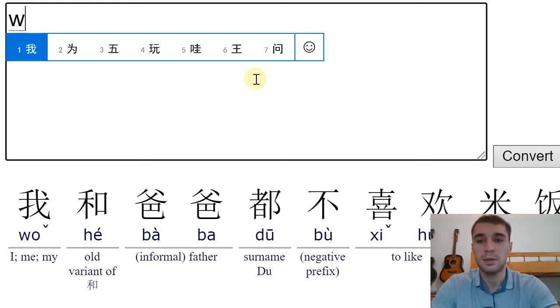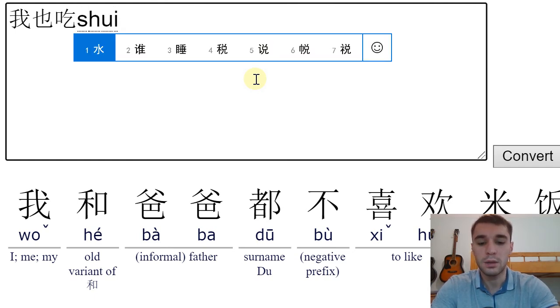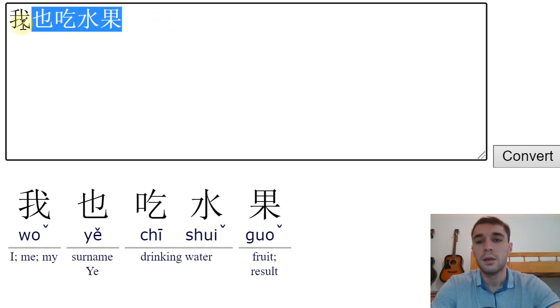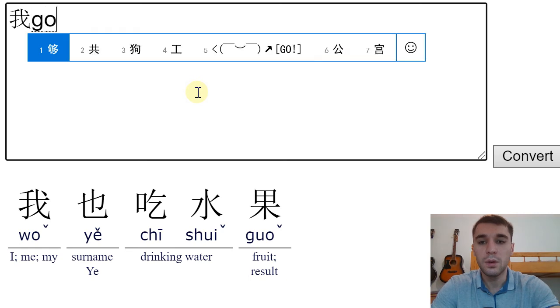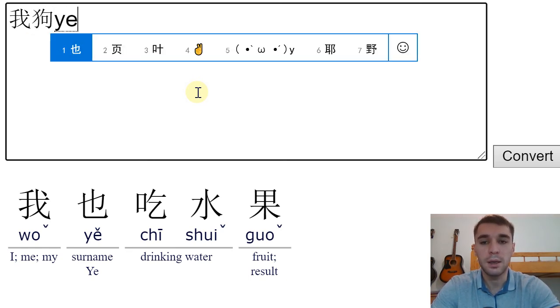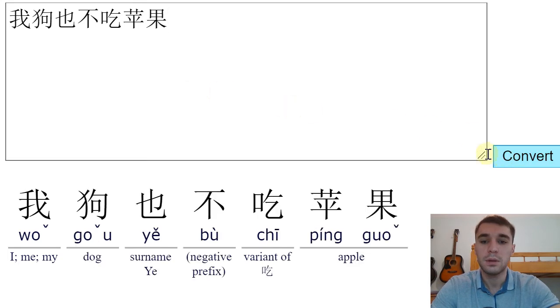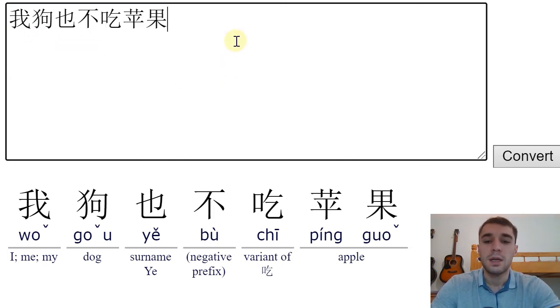Can you say this? 我也吃水果. How to say my dog doesn't eat apples either? 我狗也不吃苹果. Now say for me, that table is broken too.